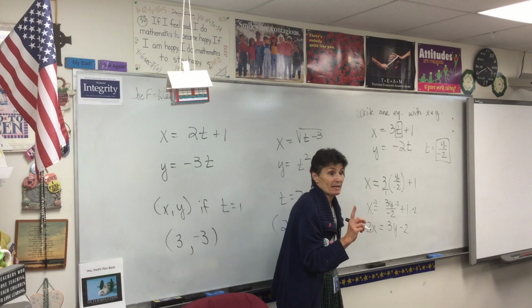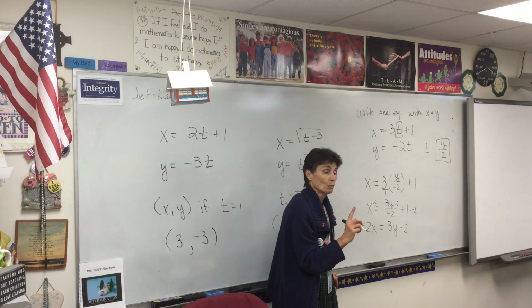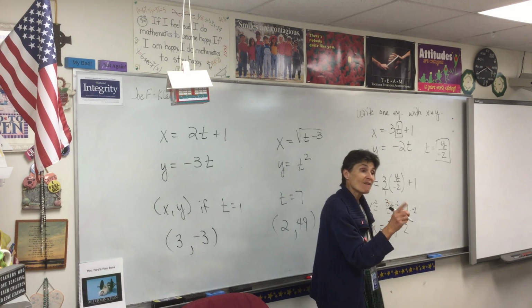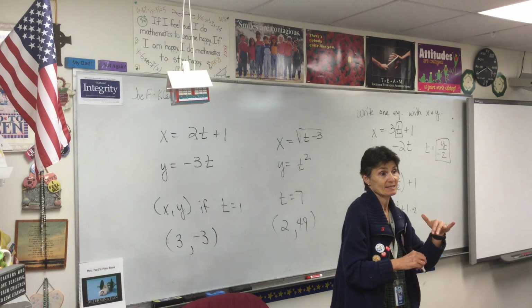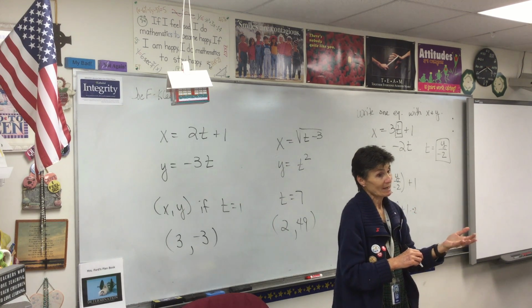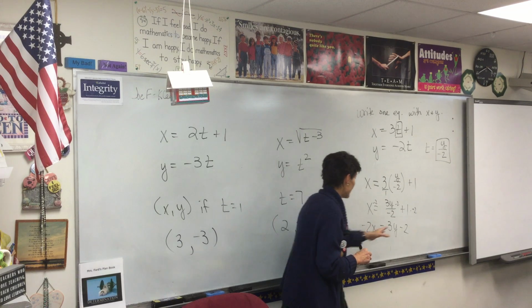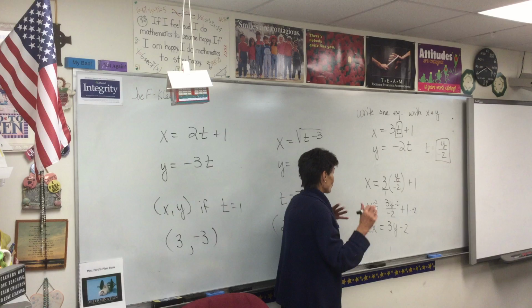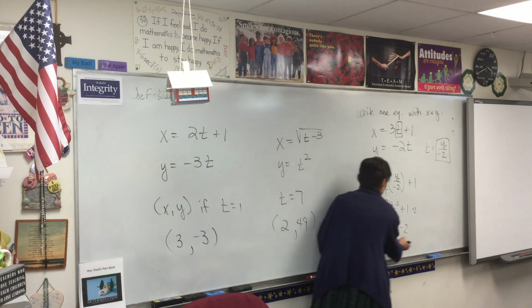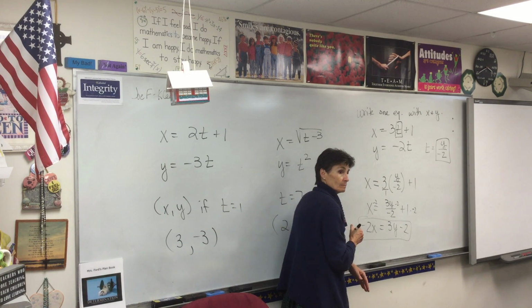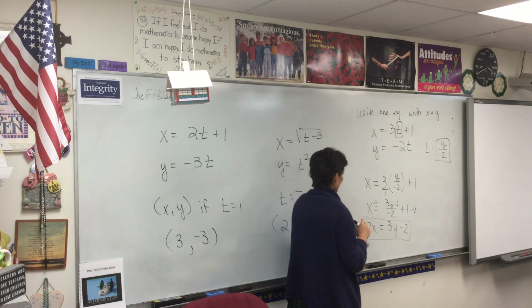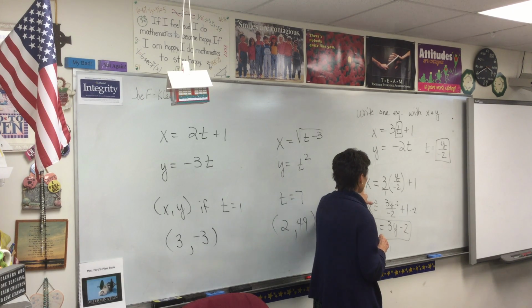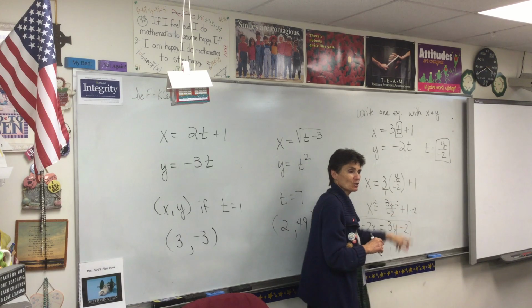Okay, we don't need x by itself. There's no rule that says x is by itself. And in fact, usually we don't get x by itself, we get y by itself. So if you're going to do that, you would add the 2 and divide by 3. I am really okay with this equation. Are you fine with just the first equation? Probably not because it had a fraction in it.